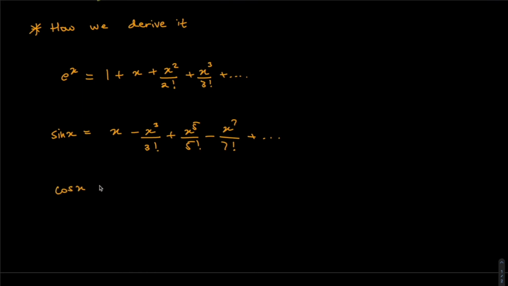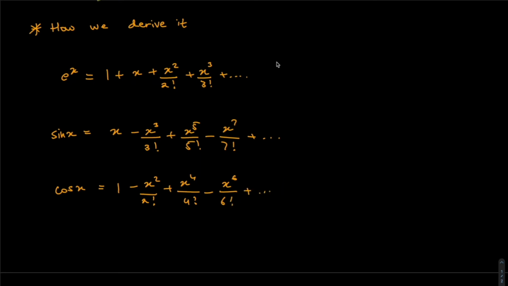And for cosine, it is 1 minus x squared upon 2 factorial plus x to the power 4 upon 4 factorial minus x raised to the power 6 upon 6 factorial, and so on, right?